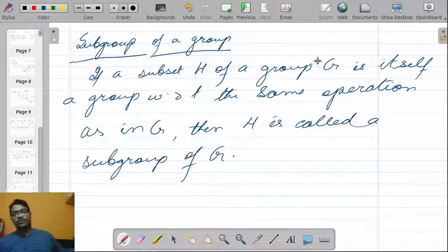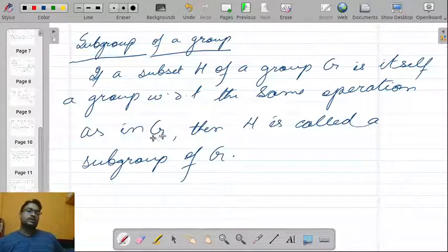If a subset H of a group G is itself a group with respect to the same operation as in G, then we say that H is a subgroup of G.